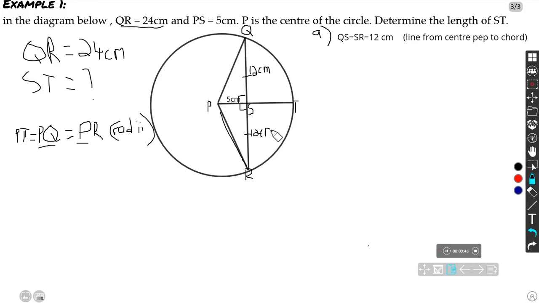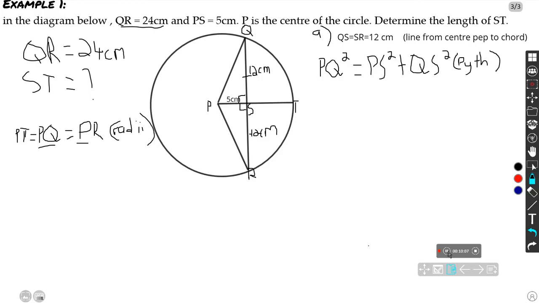So I'm going to use the theorem of Pythagoras. PQ squared is equal to PS squared plus QS squared. The reason is Pythagoras.